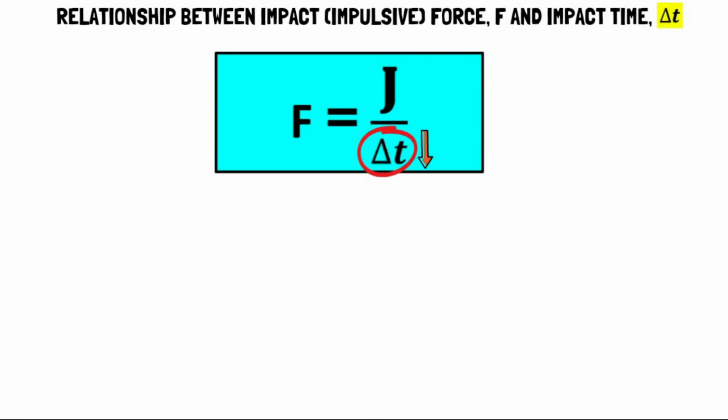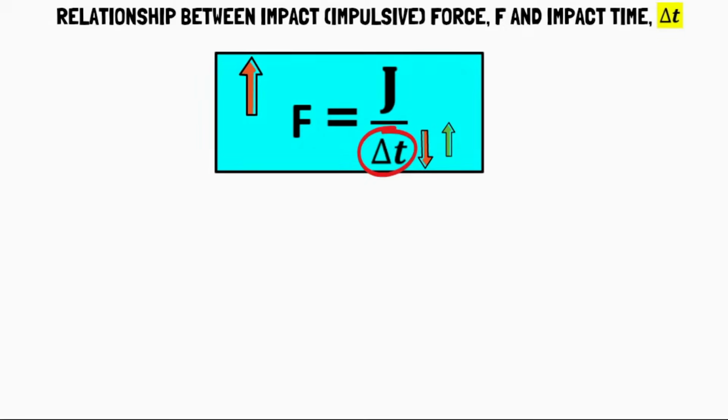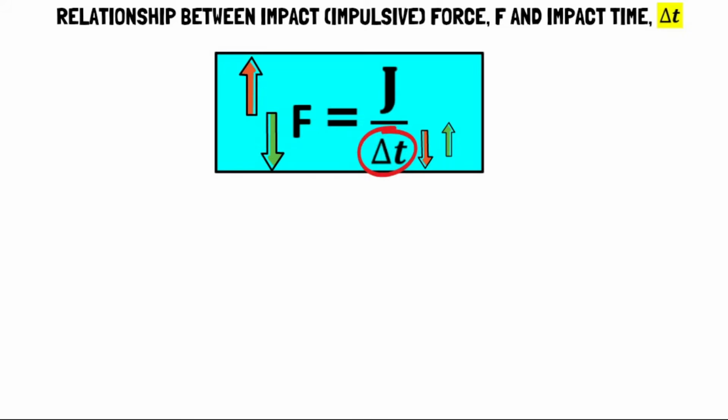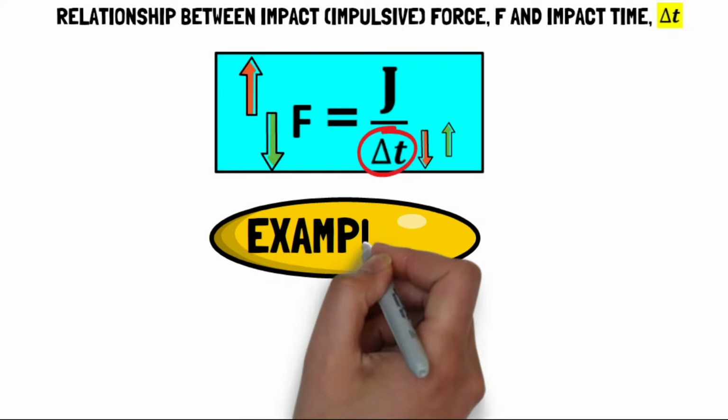The impulsive force akan jadi besar. Tetapi jika the impact time delta T semakin besar ataupun semakin panjang, semakin lama, the impact force would decrease ataupun semakin kecil. Jom kita lihat dua contoh yang berkaitan dengan impact force dan juga impact time.